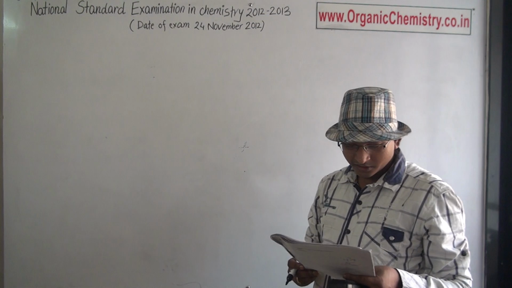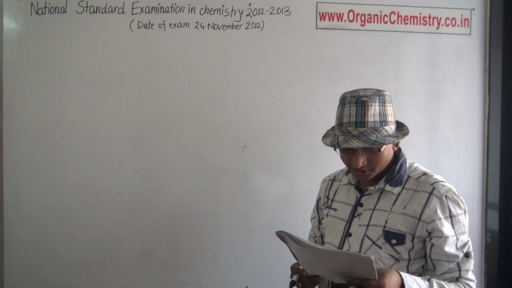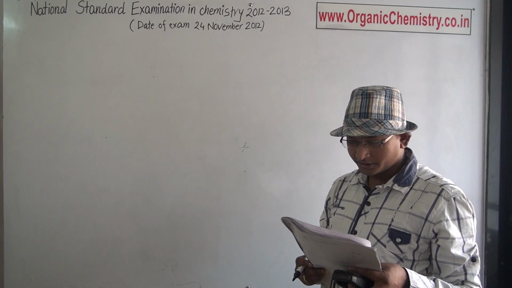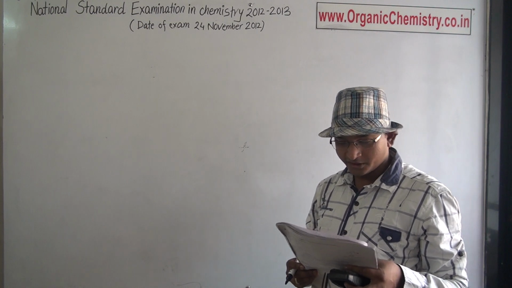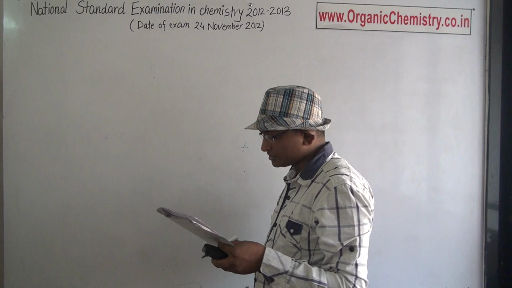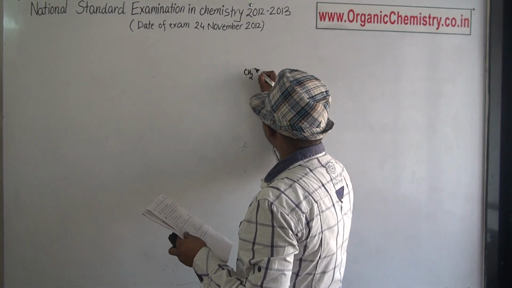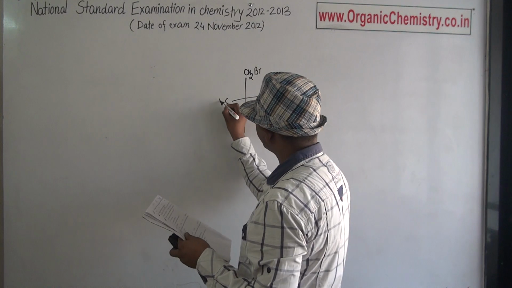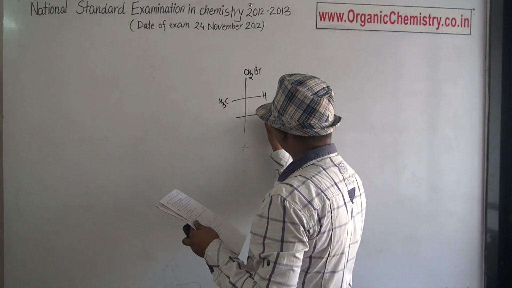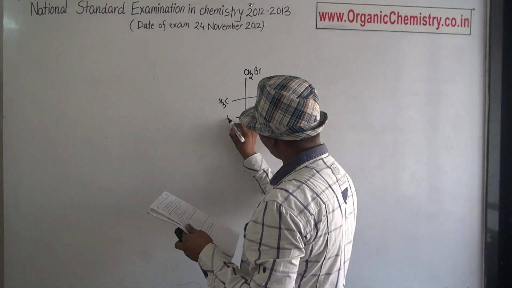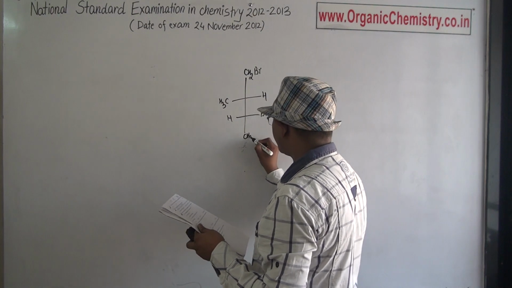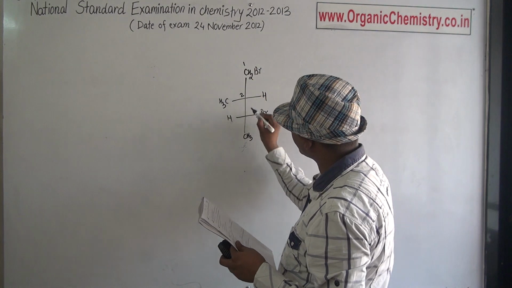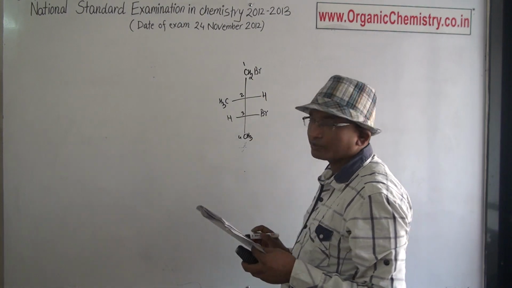Next question is, the RS designation for the following stereoisomers of 1,3-dibromo-2-methyl-butane. They have also given the structure: CH2Br, H, CH3, Br, H and CH3. This one is the first carbon, second carbon, third carbon, fourth carbon.